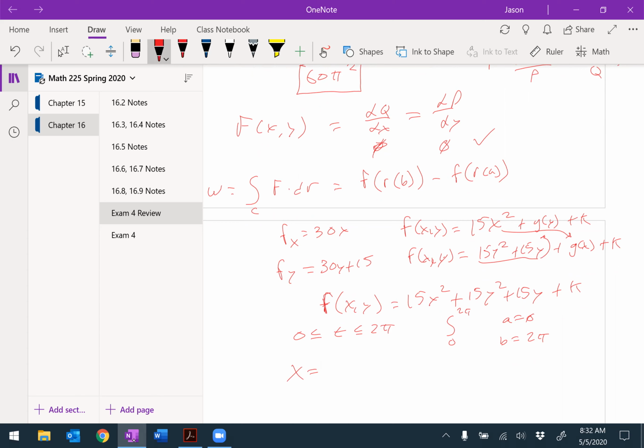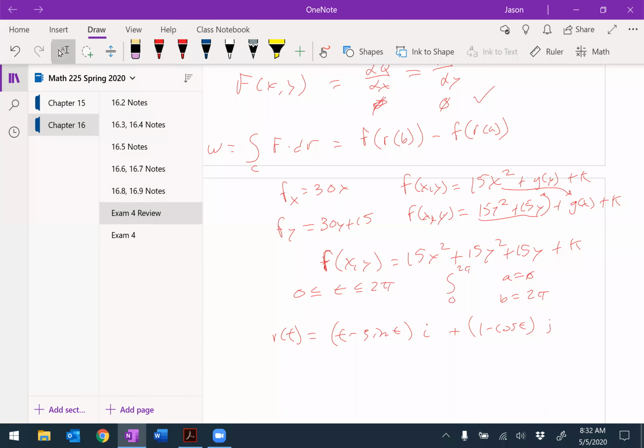In terms of r, what was r of t? I'll just write it here, because I do need to parameterize this. r of t was equal to (t minus sine t) i plus (1 minus cosine t) j. I just need to figure out what x and y are, and then I can plug in my values here. So this would be x, and this would be y.